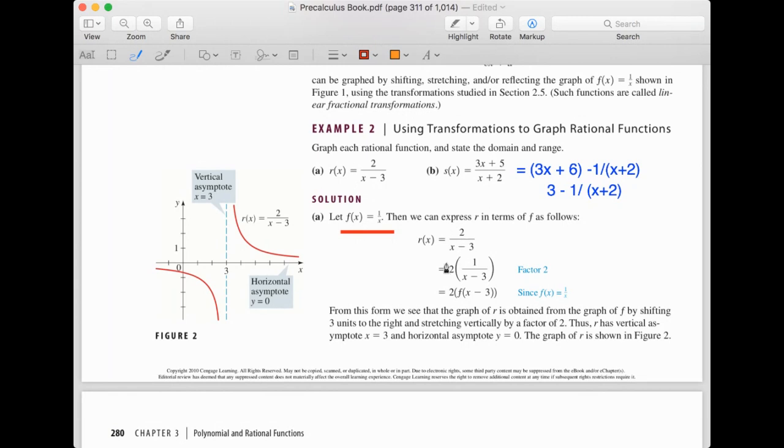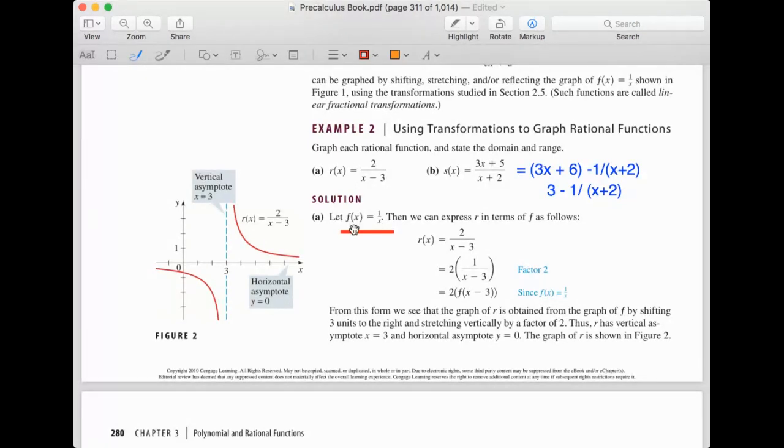We can factor out 2. We can rewrite as 2 times 1 over x minus 3. Now 1 over x minus 3 reads as f of x minus 3, because f is 1 over the input. You see f of x is 1 over x.